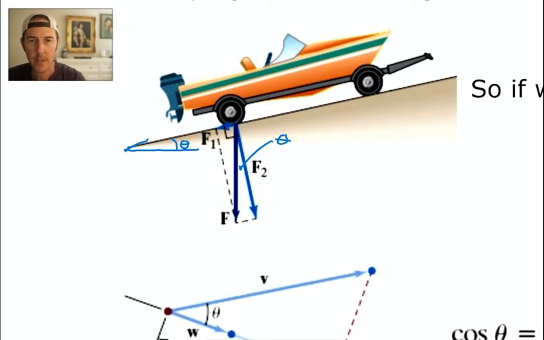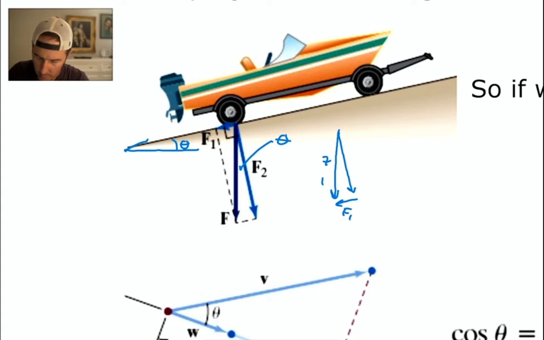And what we have done in previous videos is, if we're given that this downward force vector is, I don't know, let's say 7, then F2, and we could call this F1, and theta's in there.